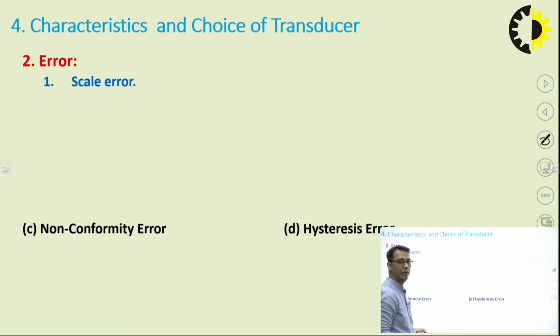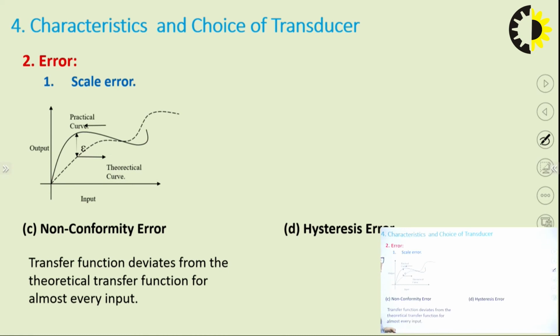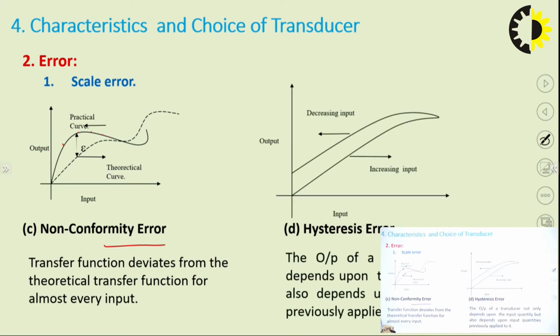And next, scale error can be classified as non-conformity error. This is that error where error is changing continuously at every point. And next, hysteresis error. As we know, output doesn't depend only on the input.